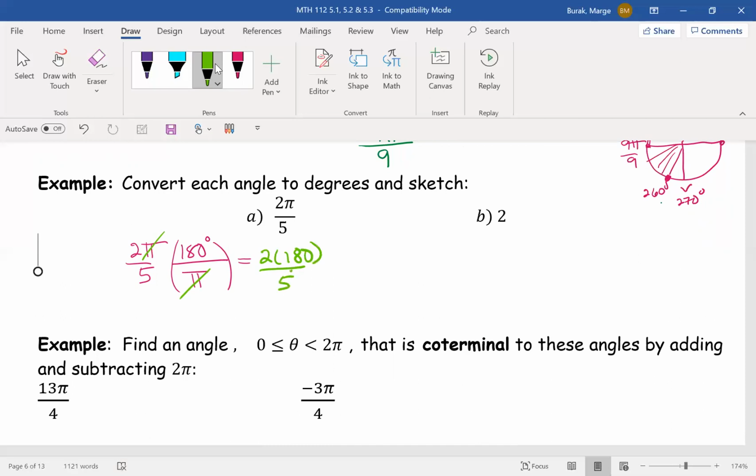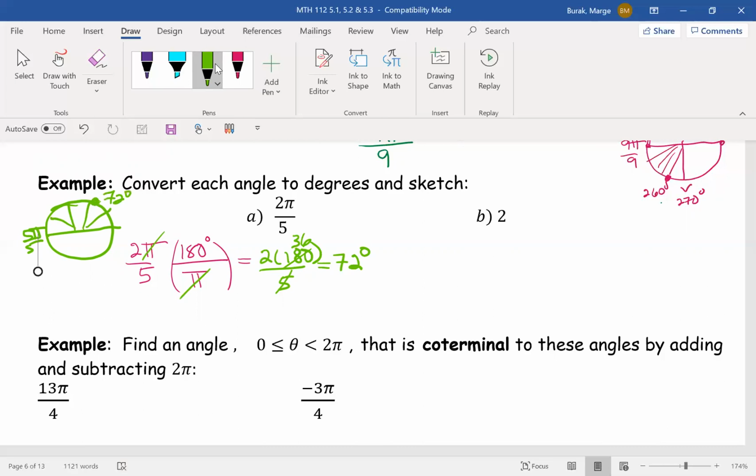I'm going to cancel the 5 into the 180 and get 36. So that looks like 72 degrees, 2 times 36. And let's check it. So 2 pi over 5, I start with 5 pi over 5, because that's pi. And then 2, so it'd be 1, 2, 3, 4. So 2 pi over 5 would be about here, which looks like about 72 degrees.